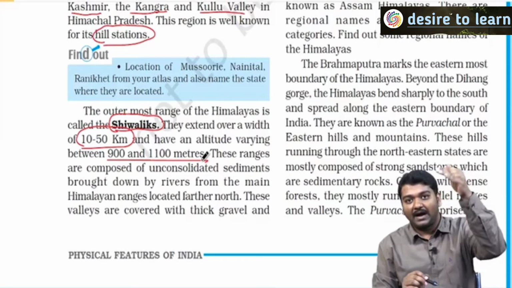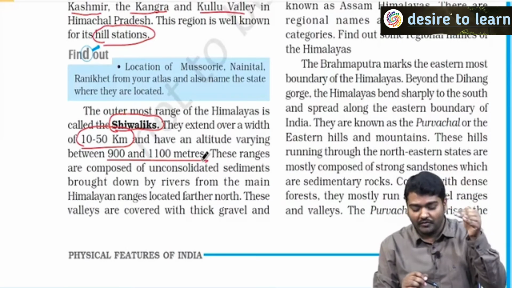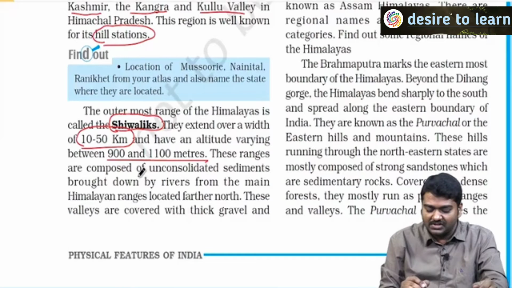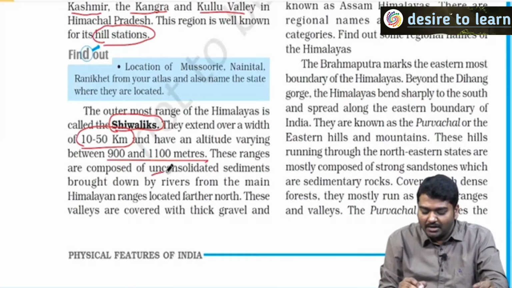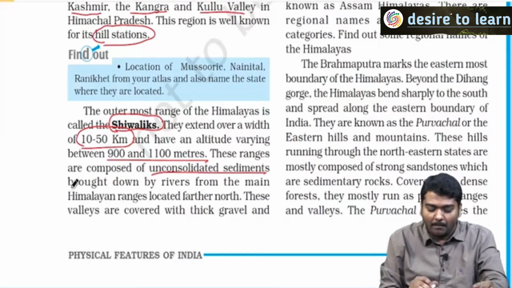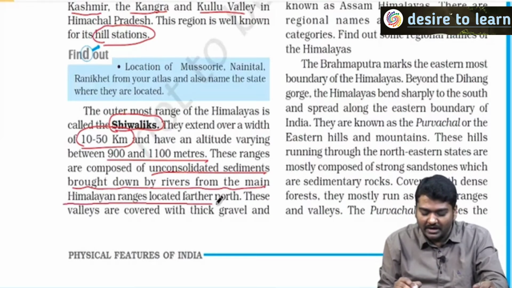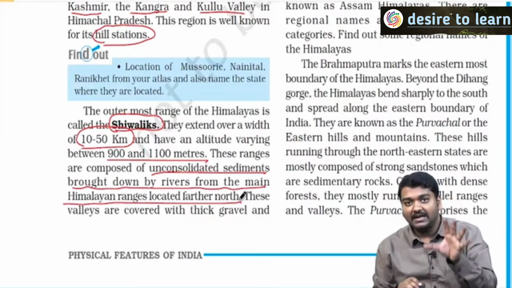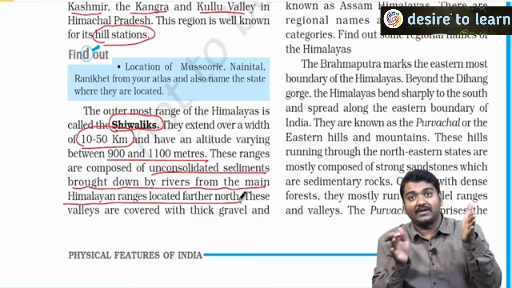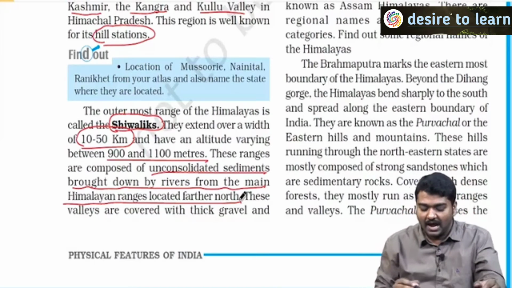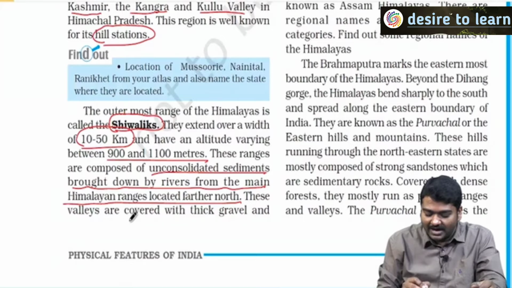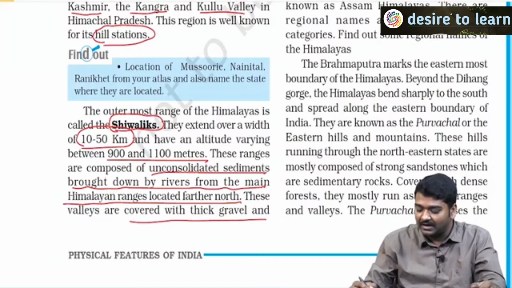You can see the height is reducing and also width is reducing. These ranges are composed of unconsolidated sediments brought down by rivers from the main Himalayan ranges located farther north. Did I say that rivers are carrying these sediments? They were compressed to form Shivaliks. And in between, the valleys are covered by thick gravel.